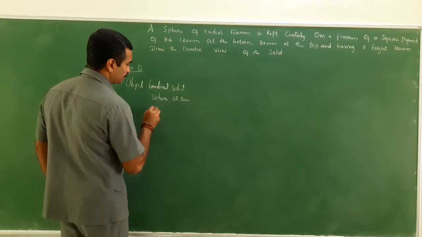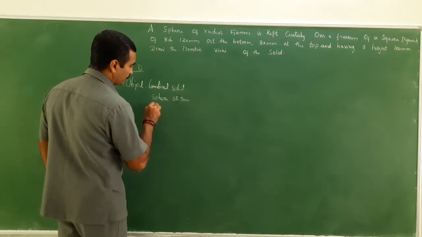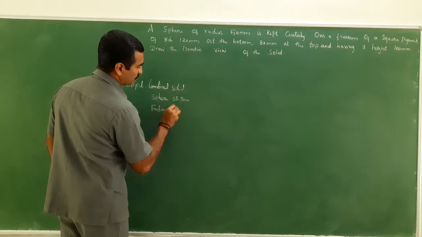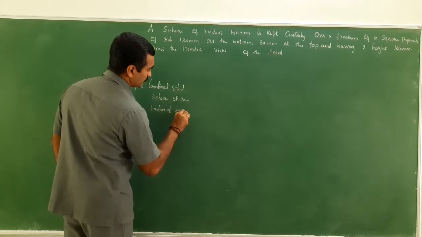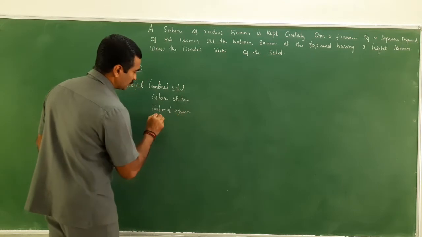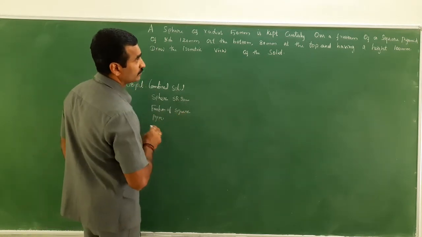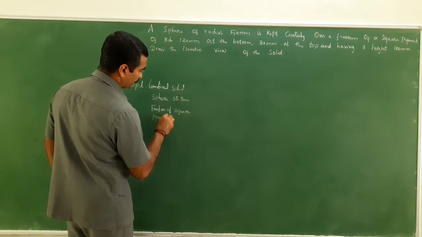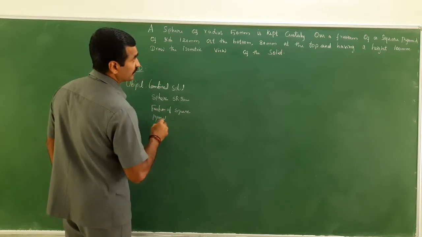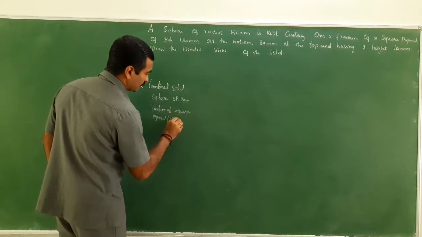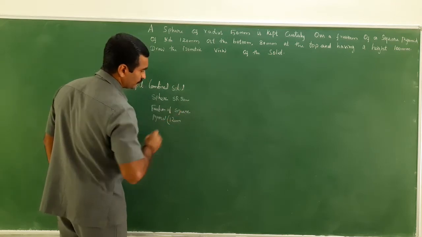So, frustum of a square pyramid, isn't it? So, at the bottom it is 120 mm, right?